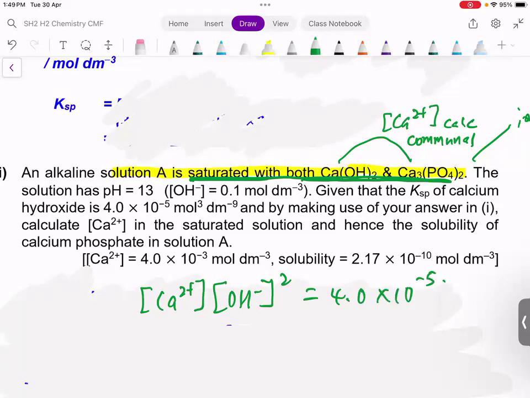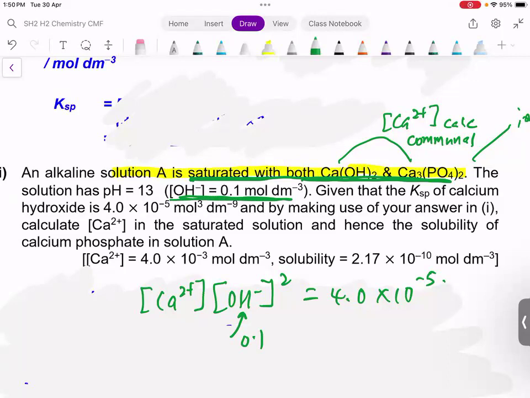So the next question is, I know the expression, and I know that they are supposed to be equal, then what do I substitute here? The concentration of OH minus here should be 0.1, or do I need to multiply by 2, because every 1 mole of calcium hydroxide gives 2 moles of hydroxide?